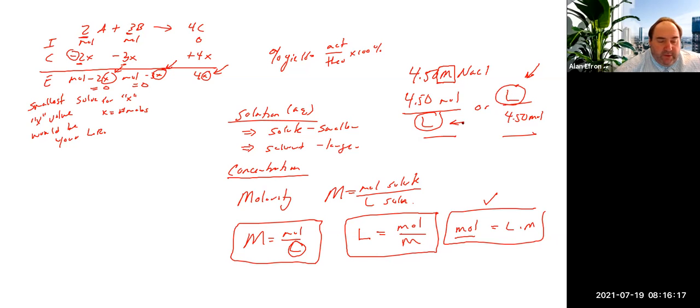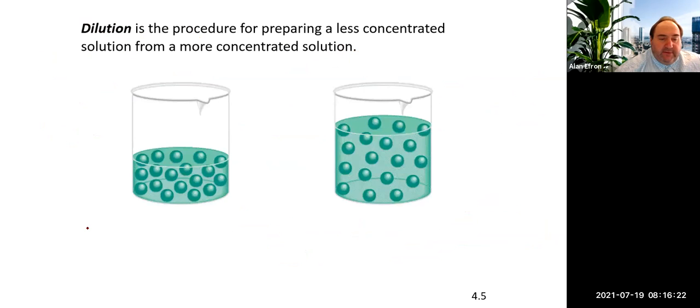Okay, so I guess where we left off was at dilutions. Another very common thing that we do with solutions is we do dilutions. A lot of times solutions come in a very concentrated form, which means, for example, it has a very high molarity.